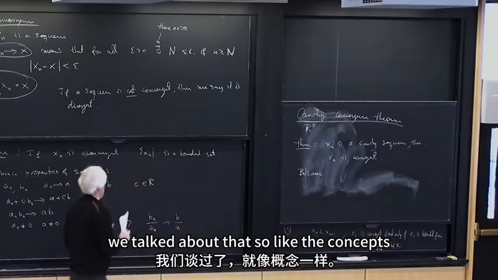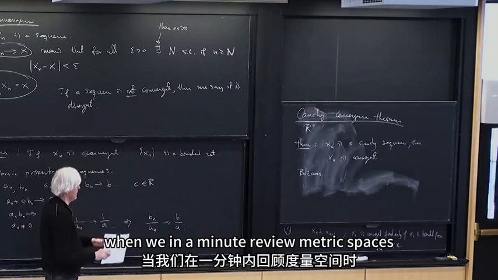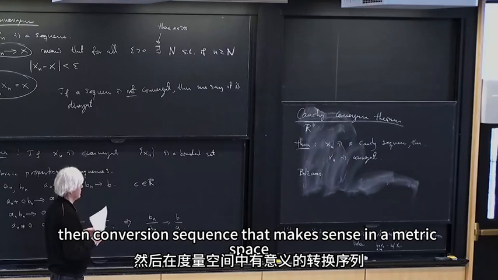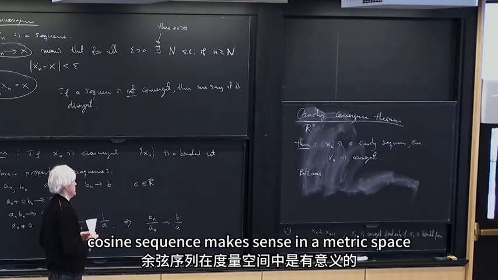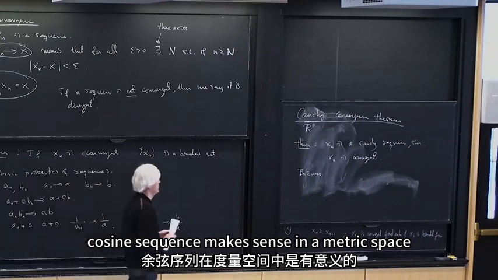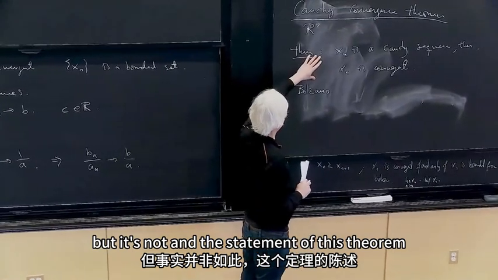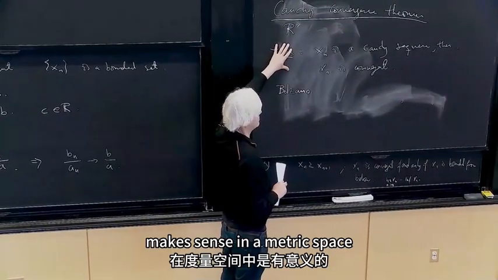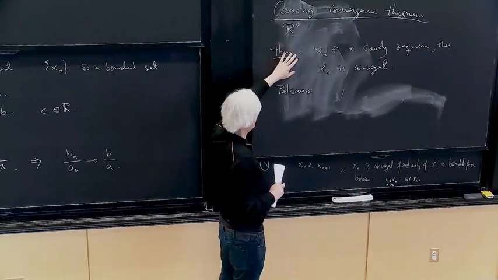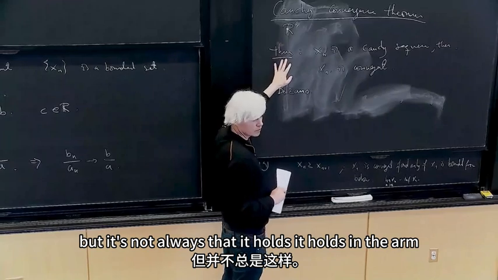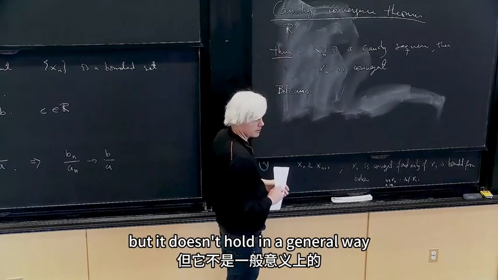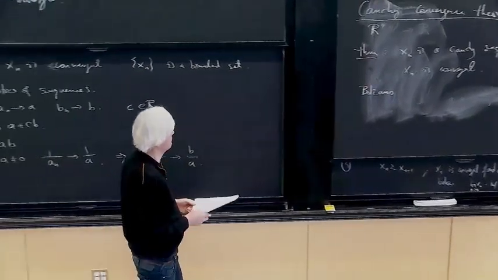When we review metric spaces in a minute, a convergent sequence makes sense in a metric space, and a Cauchy sequence makes sense in a metric space. The statement of this theorem makes sense in a metric space, but it's not always that it holds. It holds in R, but it doesn't hold in a general metric space.